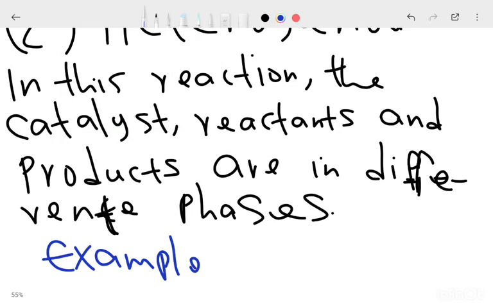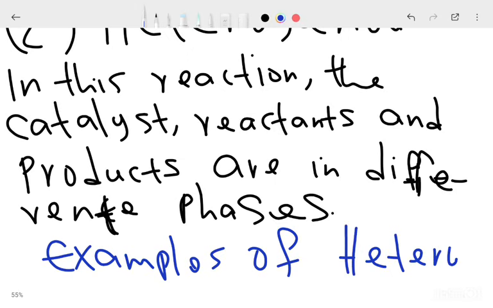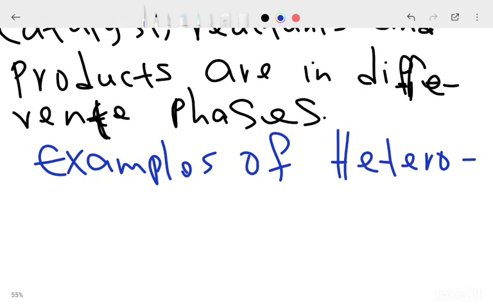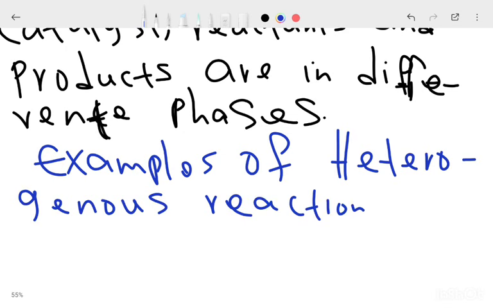Okay, examples of heterogeneous reaction or catalysis.